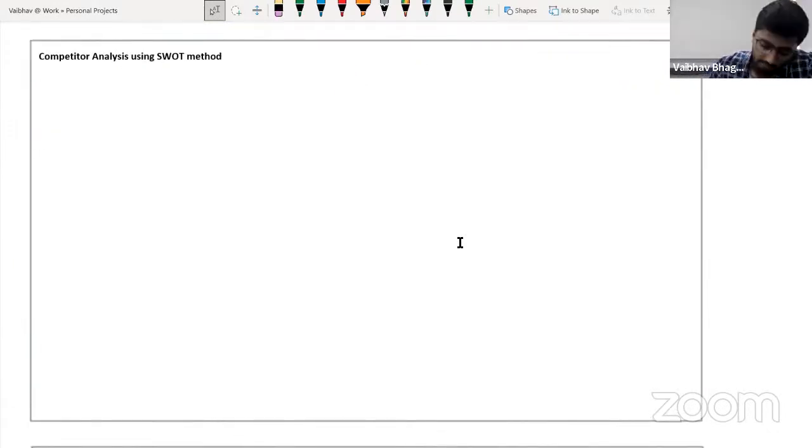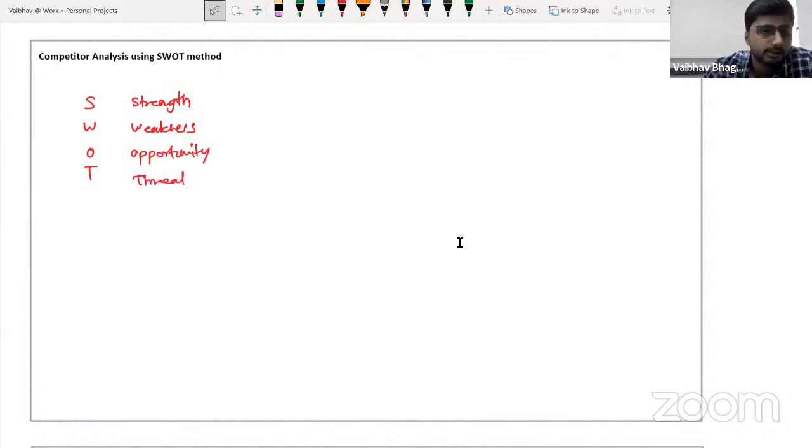The best way to do a competitor analysis is to do a SWOT analysis using the SWOT method. SWOT stands for strength, weakness, opportunity, and threats.